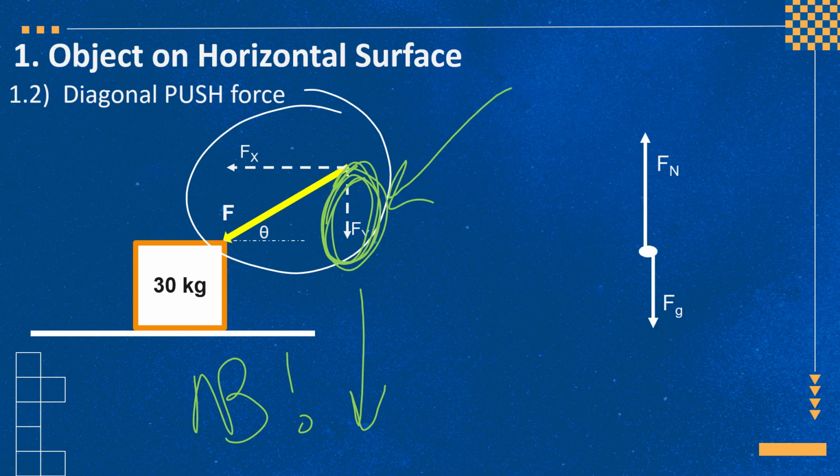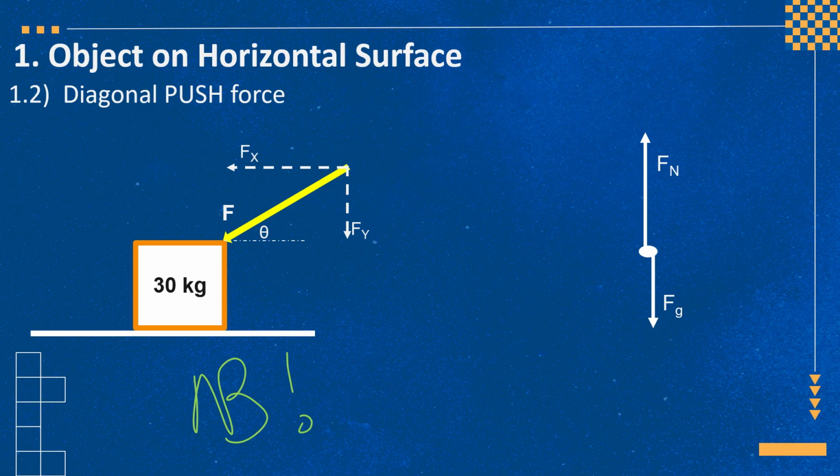So let's draw our force diagram. We start off with the two forces that we know will be there, your gravitational force and your normal force. Then we add that diagonal force going out from the dot, and let's add the two components.